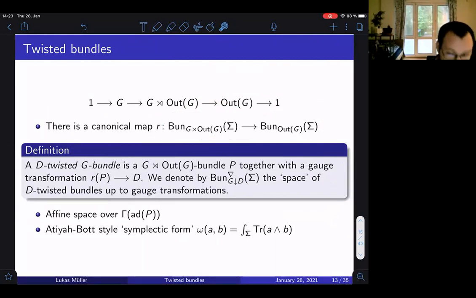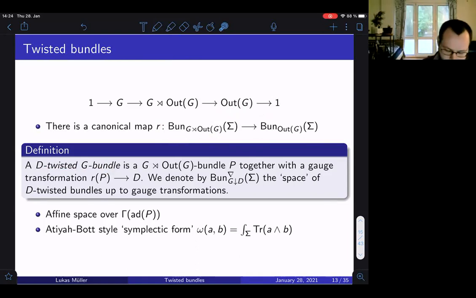And then we can give a definition of a D-twisted G bundle. So D is the Out(G) bundle built from the defects. And we say this is just a lift of this D bundle to a G semi-direct product Out(G) bundle. And since we work with bundles, you should never say it's a strict lift, but you should say it's a lift up to a gauge transformation.